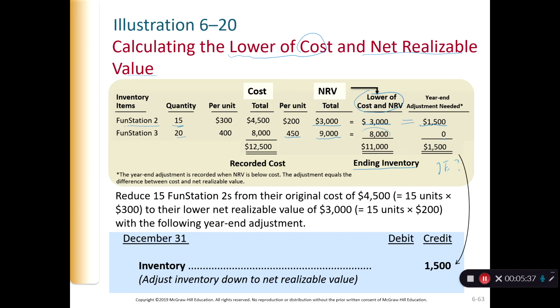We journal it by crediting this 1,500 to reduce the total inventory account and debiting this devaluation of the product to cost of goods sold as an expense account. Okay, let me reiterate what I just said. We need to reduce the 15 units of Fun Station 2 from its original cost of $4,500 to the lower net realizable value of 3,000 with the following year-end adjustment.